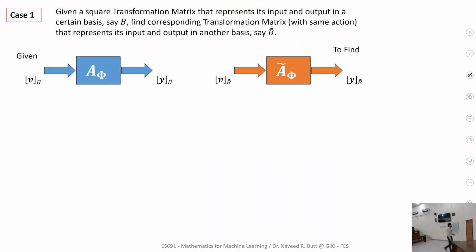This is the easy case, relatively easy case, where the input was in basis B and the output was in basis B. And I had found some transformation matrix जैसे हमने पहले निकाला था, and now I want to find the other transformation matrix which corresponds to this, but it works on B tilde and B tilde.